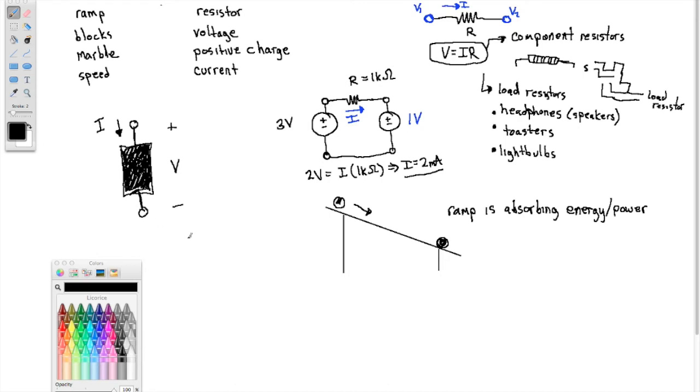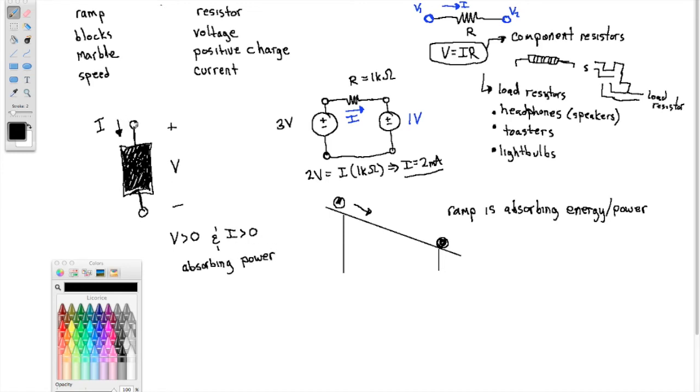Now, if V is positive, that is to say, if the voltage at the top is larger than the voltage at the bottom, and current is positive, that is to say the current is actually moving from top to bottom, then that device, even though we don't know what's inside, we can say that thing is absorbing power.